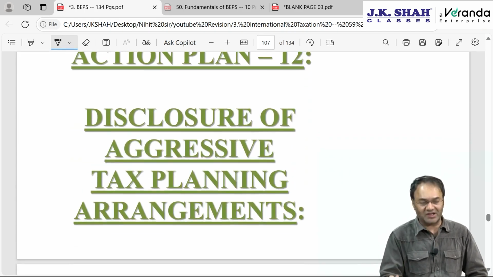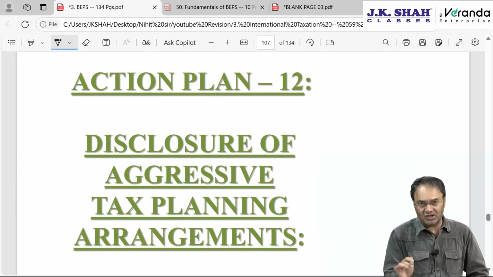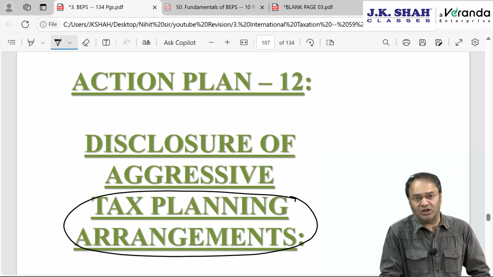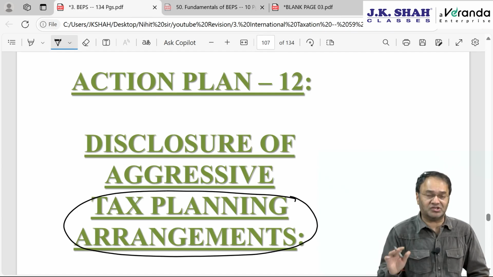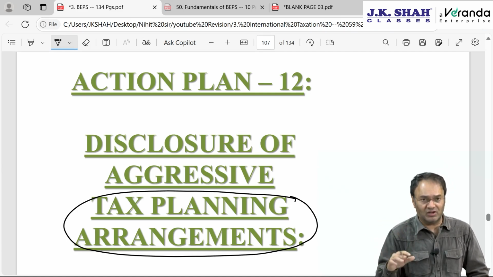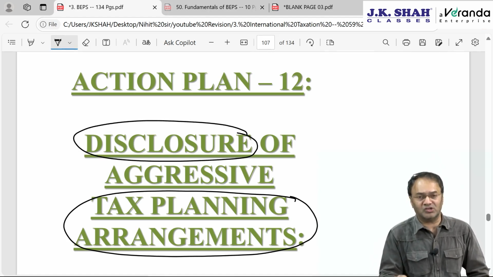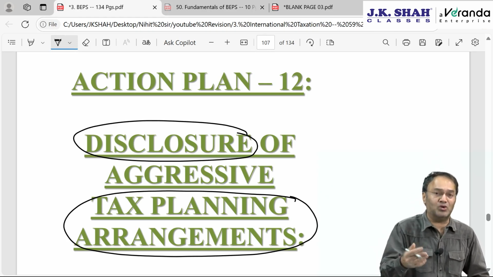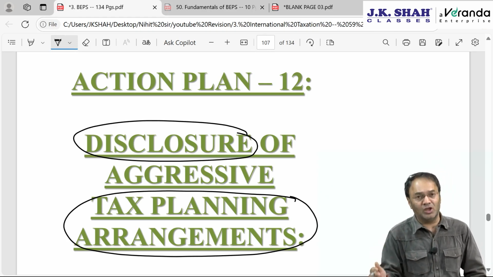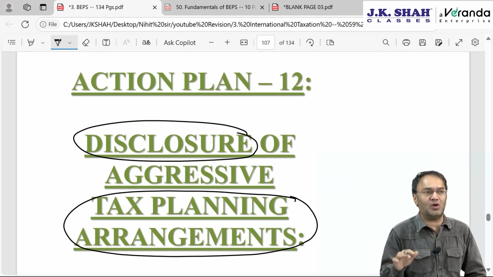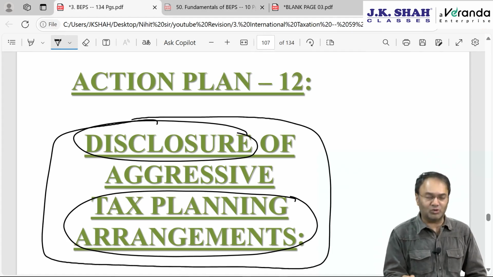Action Plan 12, disclosure of aggressive tax planning arrangements. Here, OECD recommends that disclosure of tax planning strategies be made mandatory, so that anybody who plans to enter into an aggressive tax planning arrangement, whereby the assessee plans to take great advantage of the various schemes which are officially available, needs to report it compulsorily. Where to report, what is to be done, by what time, in the IT return or by a separate form, what should be the punishment for failure to report, OECD says those countries interested in making disclosure mandatory, come to us, we will provide guidance.